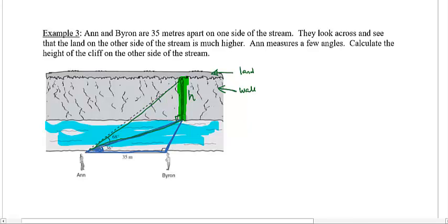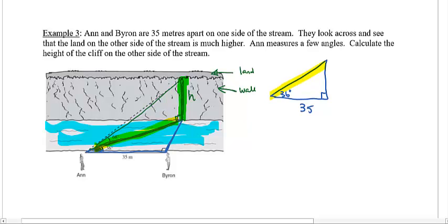Now there are two triangles, and they're connected by this length here. So I think we need to find that first. And in order to do that, once again, we're going to separate the two triangles. I'm going to look at the blue triangle first, so I'm going to redraw the blue one for us. And the blue one is once again on the horizontal plane. 35, 36, and I want us to find this side here.